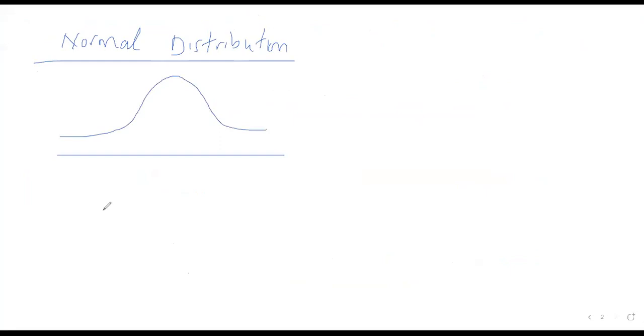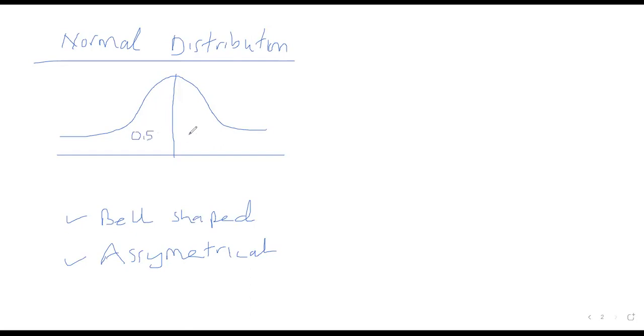Number 2, it is symmetrical. What does it mean to be symmetrical? Each side mirrors the other side. So here you have 0.5 and here there is 0.5. Number 3, the area under the graph will be 1.